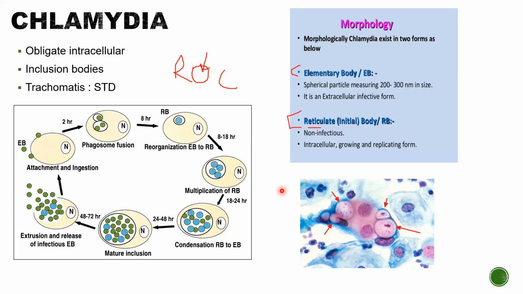And it's basically a sexually transmitted disease. So the main important things: it's obligate intracellular, causes inclusion bodies, and Chlamydia trachomatis, that's the exact name, is a sexually transmitted disease. Any questions on chlamydia?